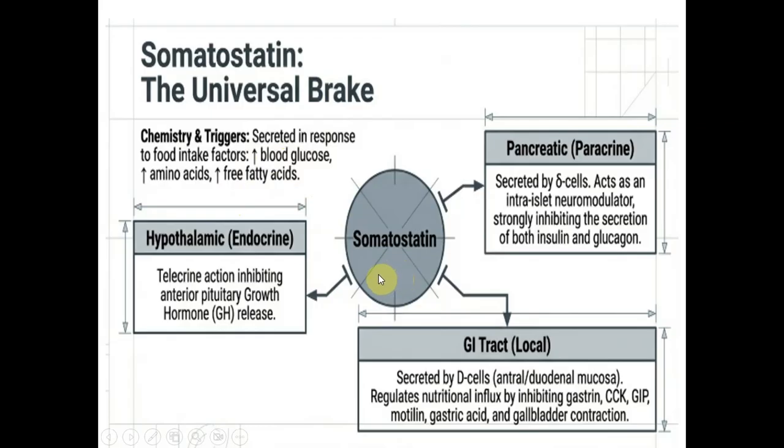It also has a telecrine action, inhibiting anterior pituitary growth hormone release, which we have already discussed in the growth hormone lecture. Somatostatin is secreted by the D cells and regulates nutritional influx by inhibiting gastrin, cholecystokinin, gastric inhibitory peptide, motilin, gastric acid, and gallbladder contraction.